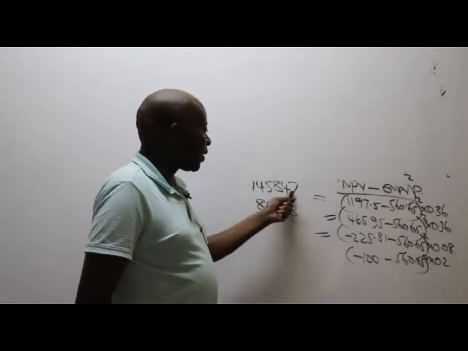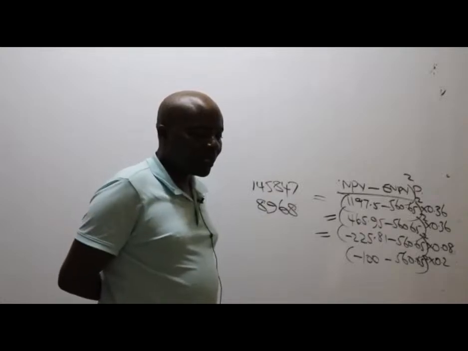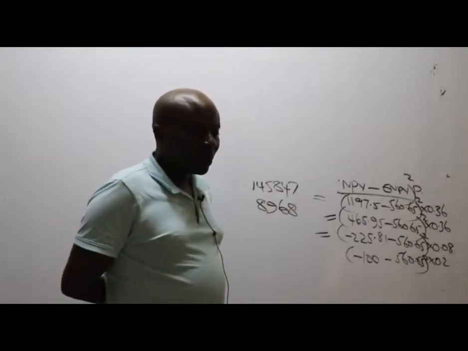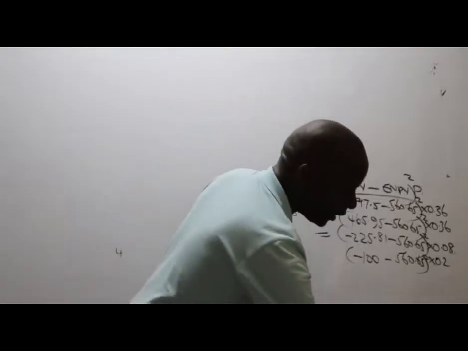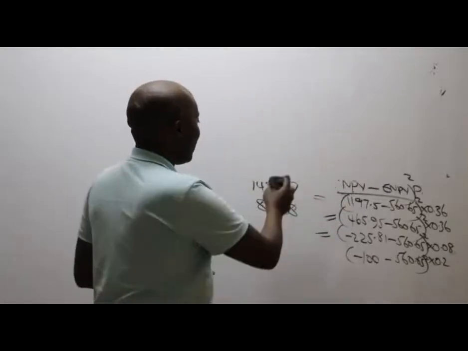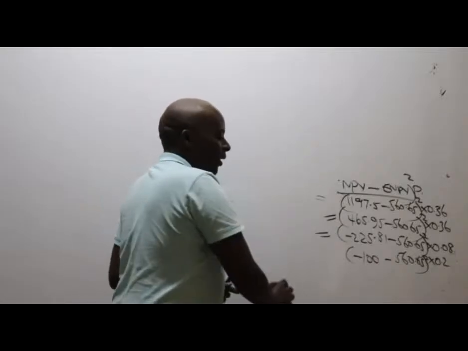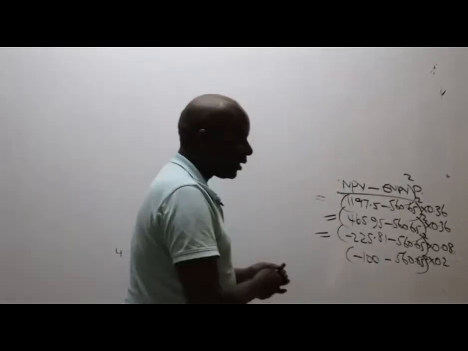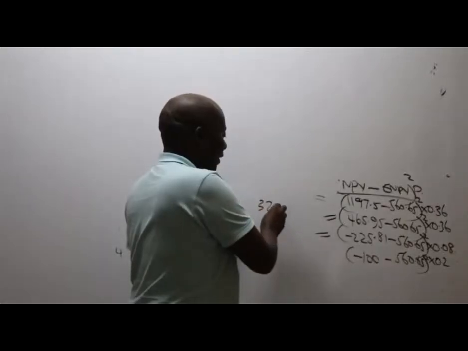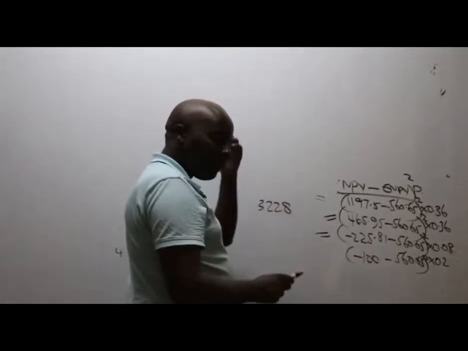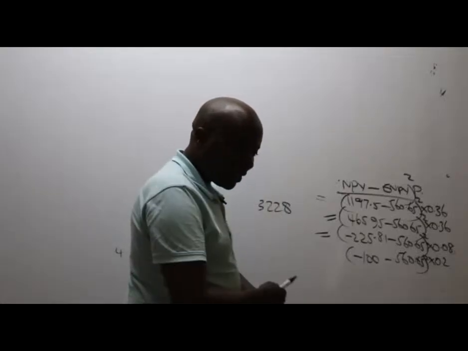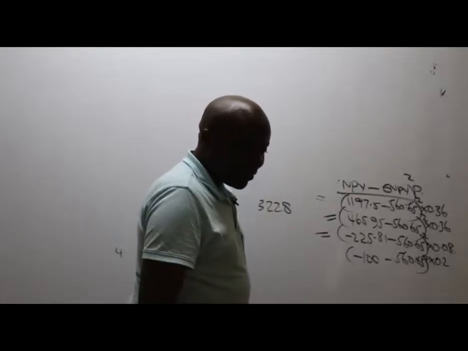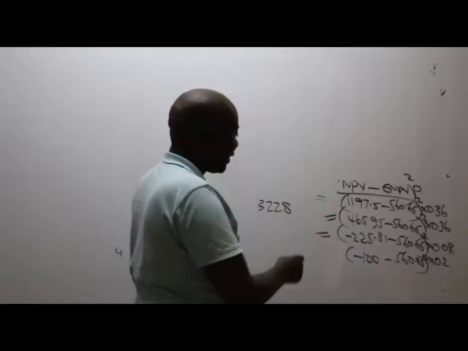Okay, we start from the first one. Is the first one correct? 146,008. So it means that today, for the first time, Sue has cheated me. No worries. The second one is 32.28. How about the first one? 145,847.